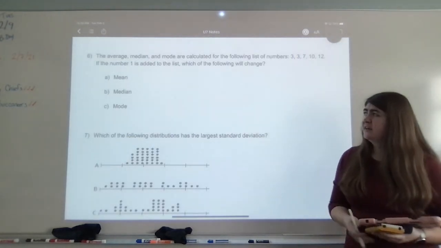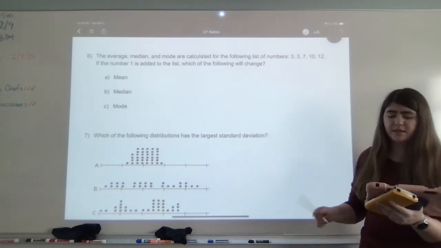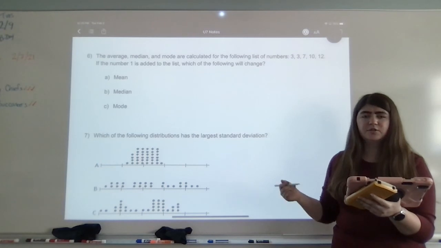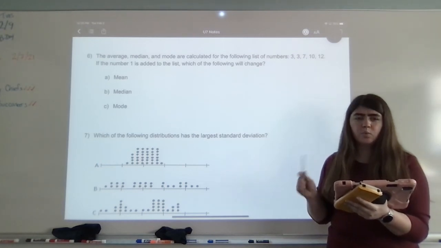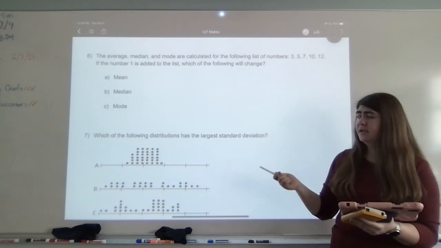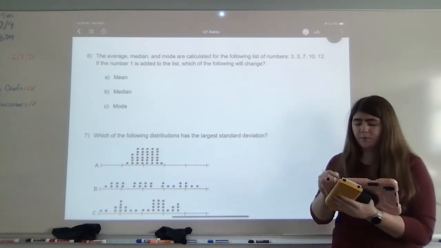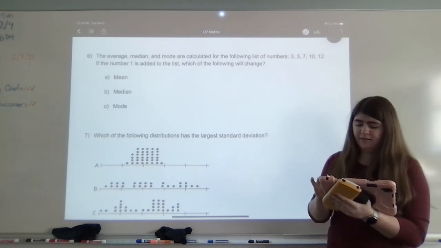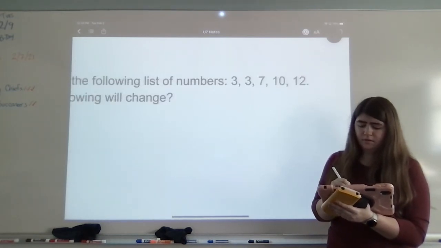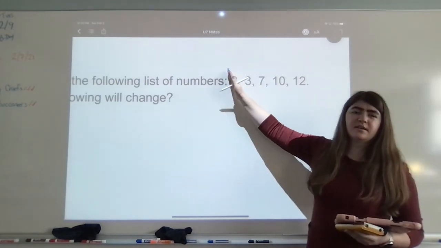Question 6 says the mean, median, and mode are calculated for the following list of numbers: 3, 3, 7, 10, 12. If the number 1 is added to the list, which of the following could change? The mean, the median, or the mode? If we add the number 1, let's just add that in our data set up here. Before we include the 1, let's think about the median.